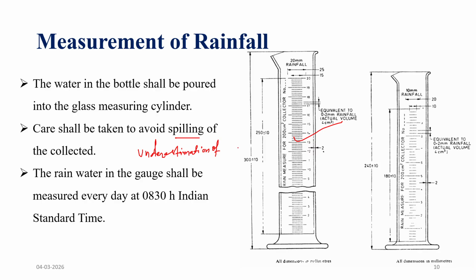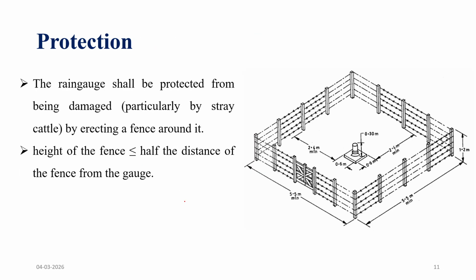If any amount of water is lost while pouring from the bottle to this measuring cylinder, it will underestimate the rainfall. The measuring cylinder is especially designed and calibrated for the collector area of the gauge. Measurements are taken every day at exactly 8:30 in the morning as per Indian Standard Time.